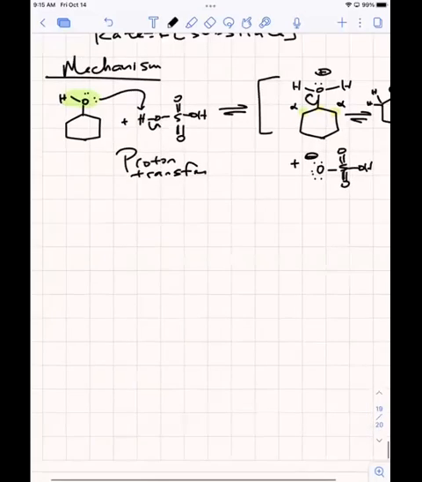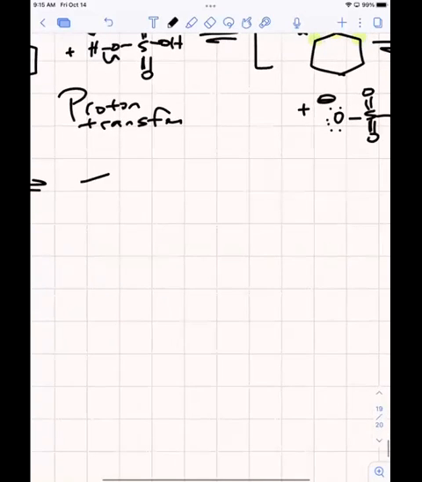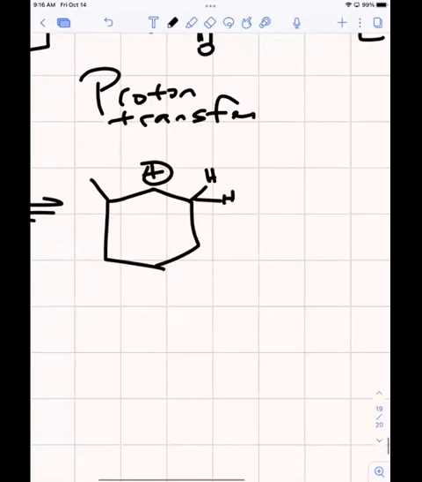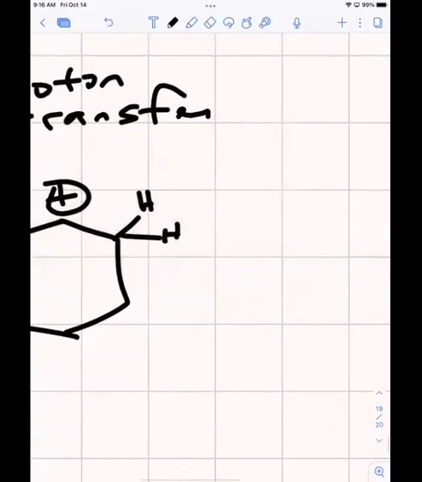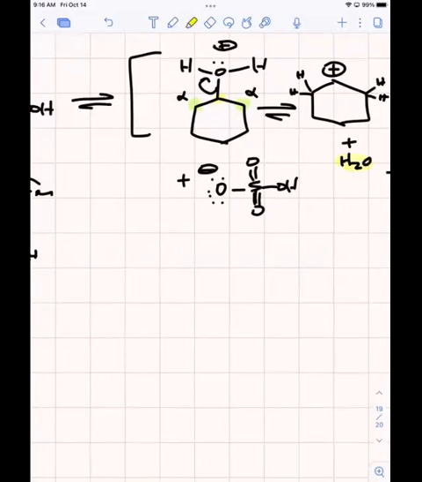And so if we take the carbocation, we can eliminate either side because it's symmetrical, so that doesn't matter, right? But it can be water, which is here, or it can be the conjugate base.